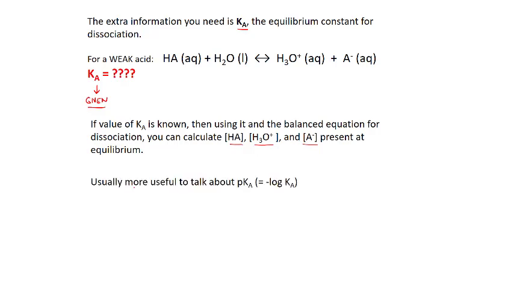Now, what's actually more useful than Ka's are pKa's. And once again, if we use our P notation here, pKa is negative log of Ka, right? So a pKa is going to be a constant for a given acid or base. It is not like pH, which is a variable. pKa is a constant.